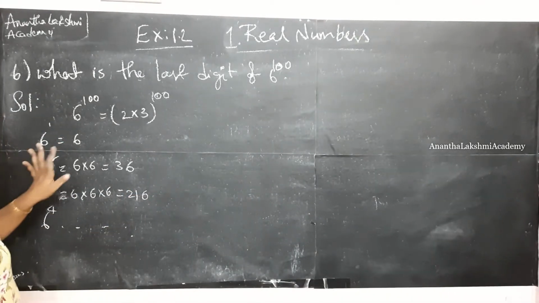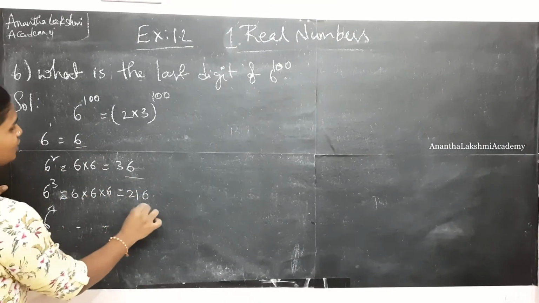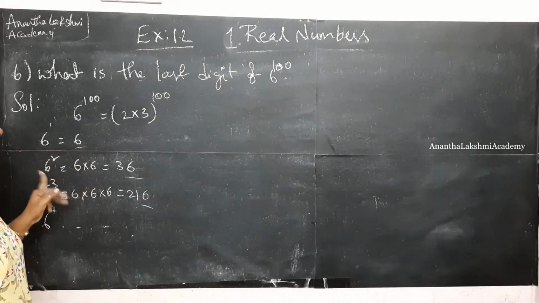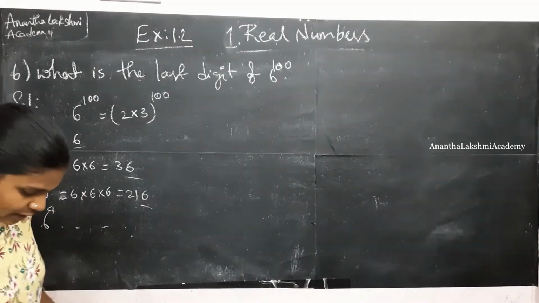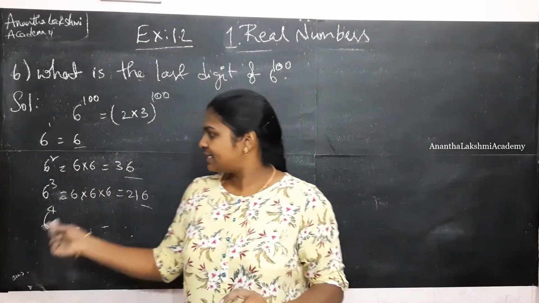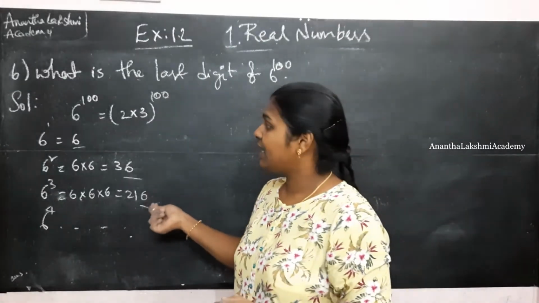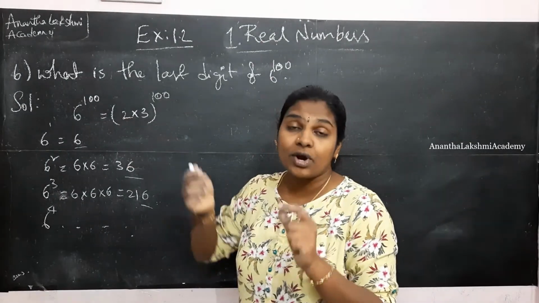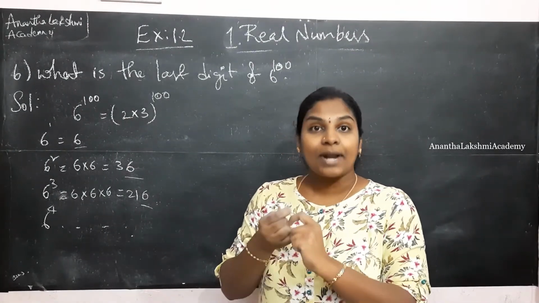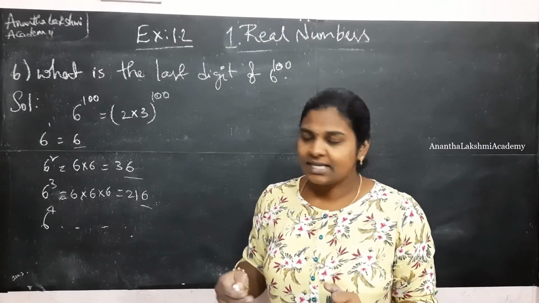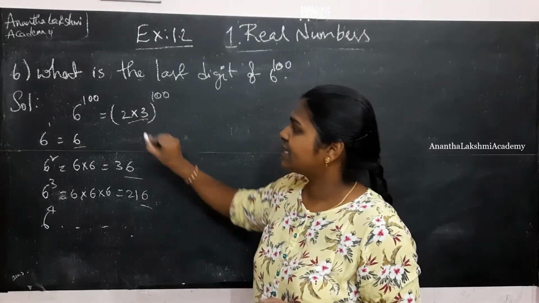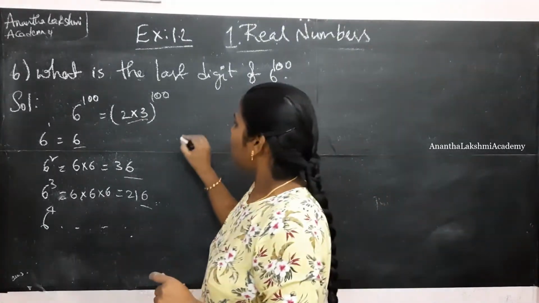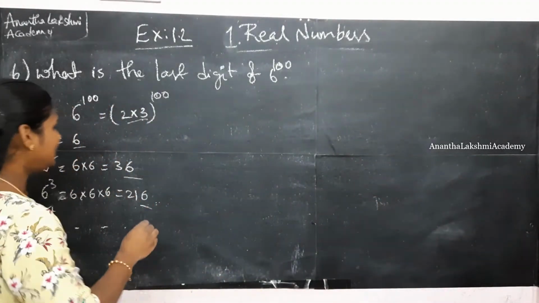So if you observe, what is the last digit of 6 power 1? 6. 6 square? Yes, 6. 6 cube? 6. The last digit that is coming at the end resembles the product of its prime factors. What are the prime factors of 6? 2 and 3.